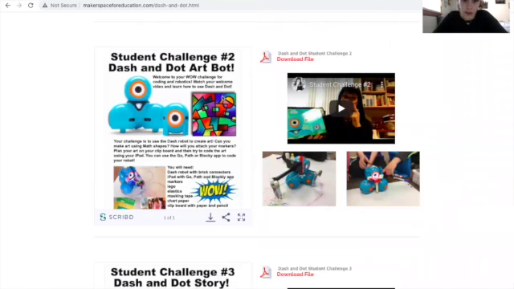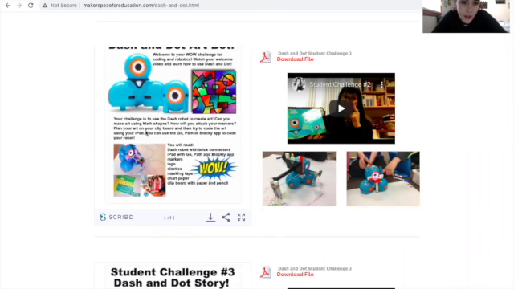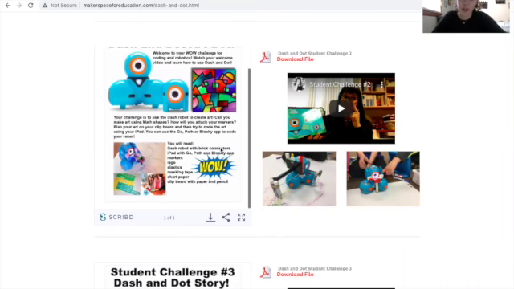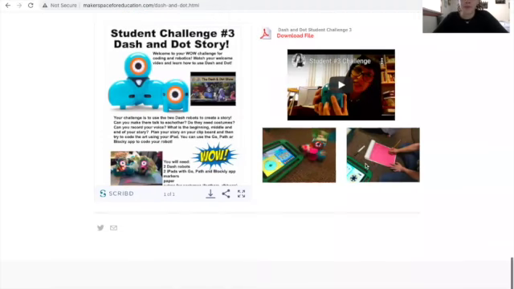And then there's an art challenge, so you can combine a lesson with the art teacher, or have students just do this for fun, just make a nice picture. And then you can do a Dash and Dot story to try to make them talk to each other and have costumes, and you can record your own voice.